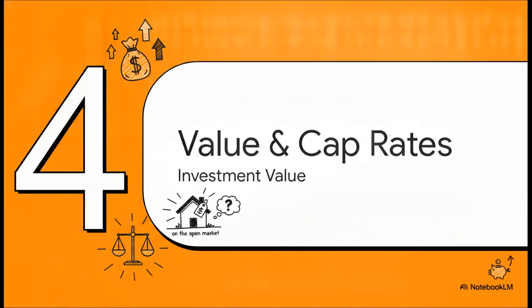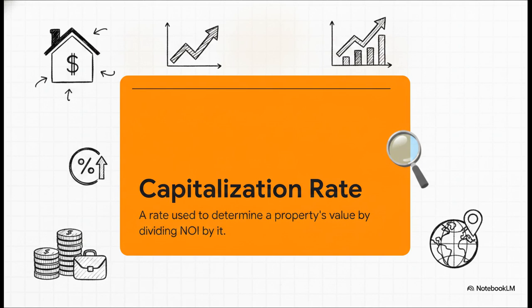Next up, Section 4, Investment Value and Cap Rates. So, how do we use all this income data we've been calculating to figure out what a building is actually worth on the open market? Enter the capitalization rate, or as we usually call it, the cap rate. Think of this as a magic number determined by the broader market. It factors in interest rates, the economy, location, the whole shebang.